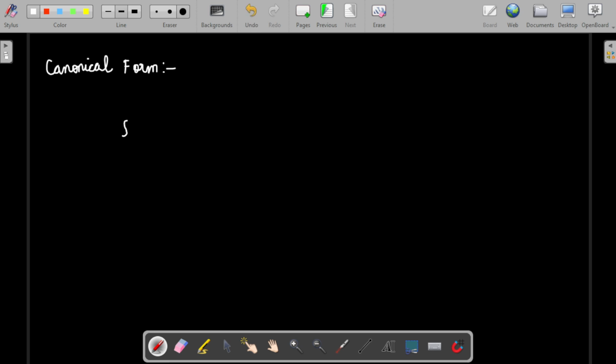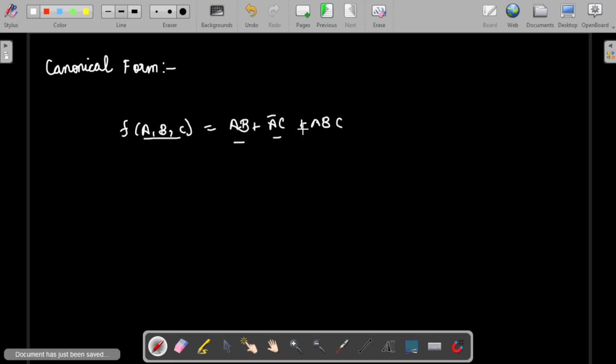For example, if f is a function of a, b, c, and we have the function ab plus a bar c plus abc, you can clearly see this is a function of three variables a, b, c, but here we are seeing only two variables in some terms. So this is not a canonical form, it is a non-canonical form.